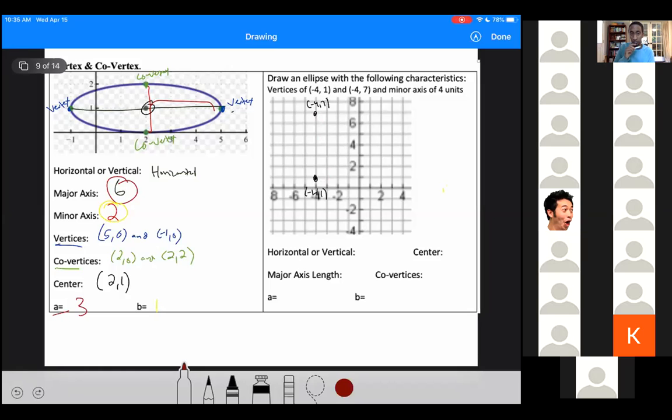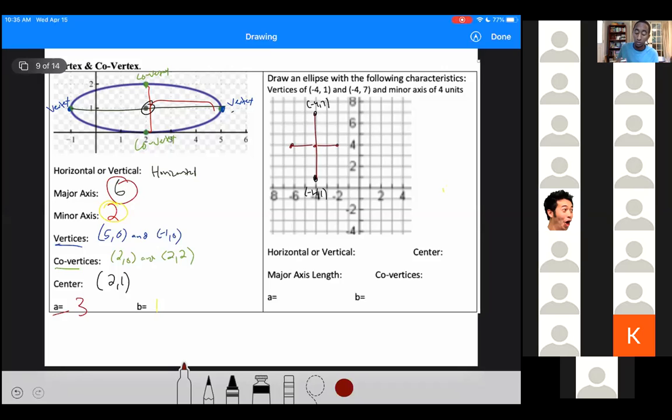So I went right 2 and left 2 from where the line would be the major axis. Okay, so here's the major axis, but how did you know where to start? Oh, because of the center. Okay, so here's the center, and then left 2 and right 2.